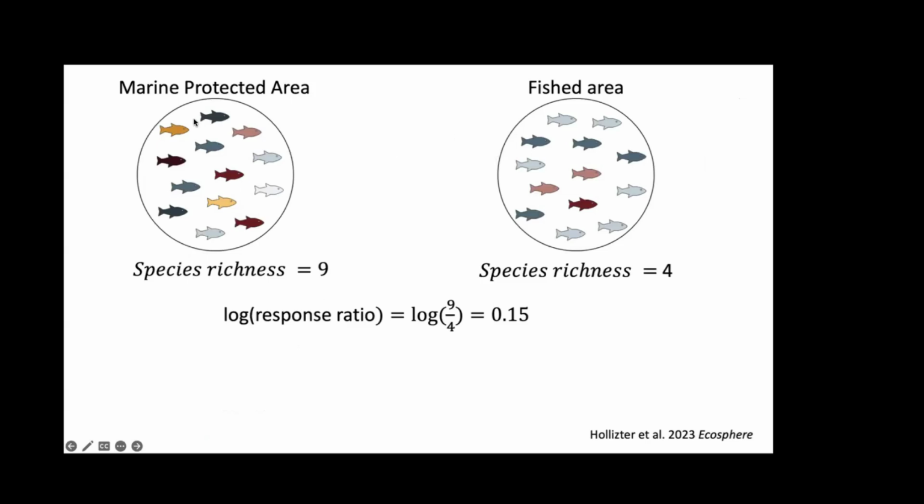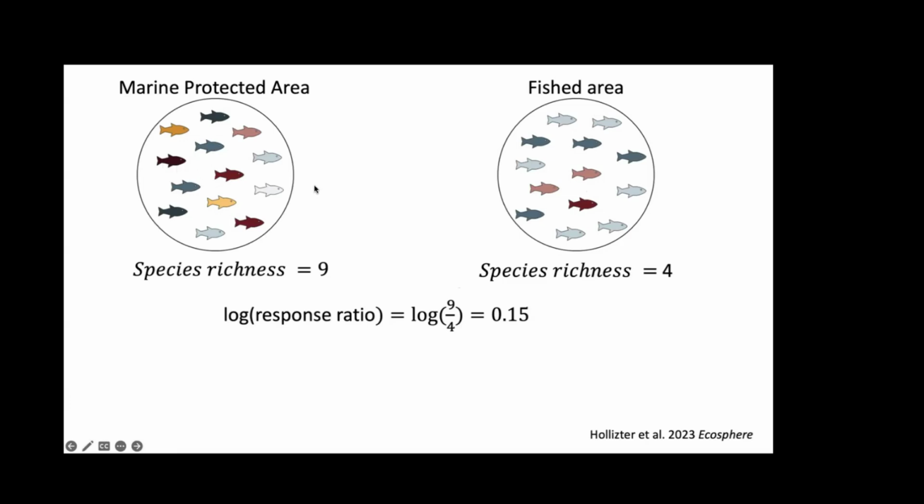She collected studies where they counted the numbers of species in a protected area of a given size and a fished area of a given size, and calculated something called the log response ratio. You can see here, this is kind of the treatment over the control, if you like, where the treatment is protection.